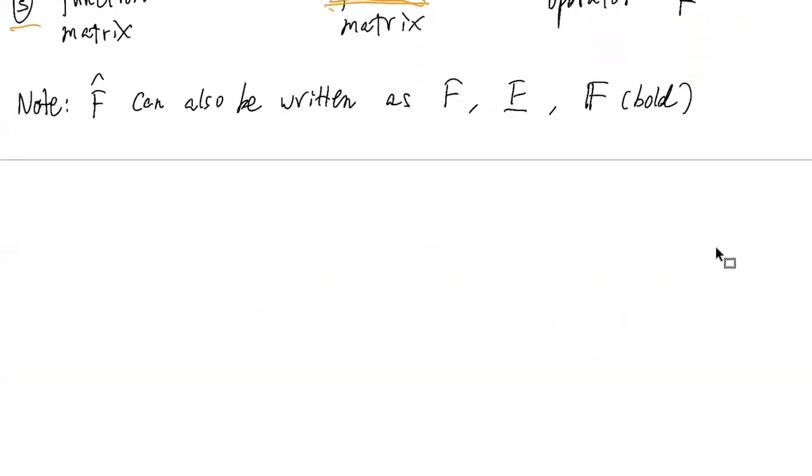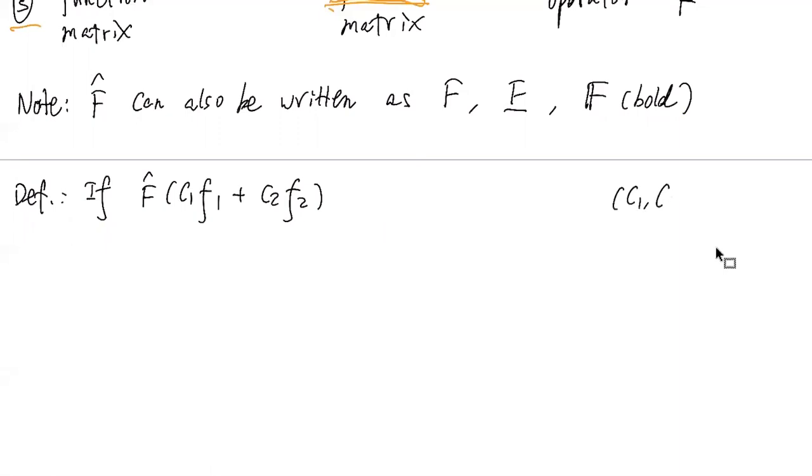All right. Then what is a linear operator? Definition. If operator F acting on C1 F1 plus C2 F2, here C1, C2 are numbers, are constants.